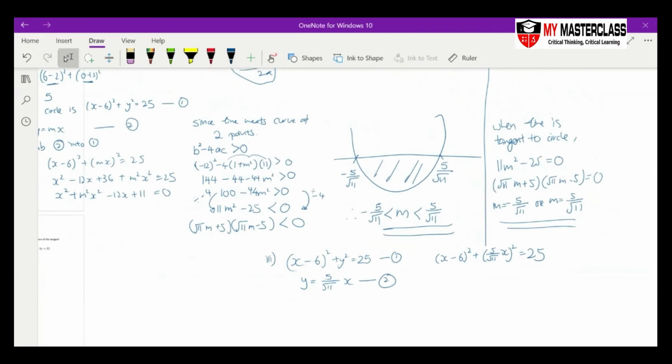Actually this one you have already done earlier, so all you need to write is x squared plus (5 over root 11) squared x squared minus 12x plus 11 equals 0.